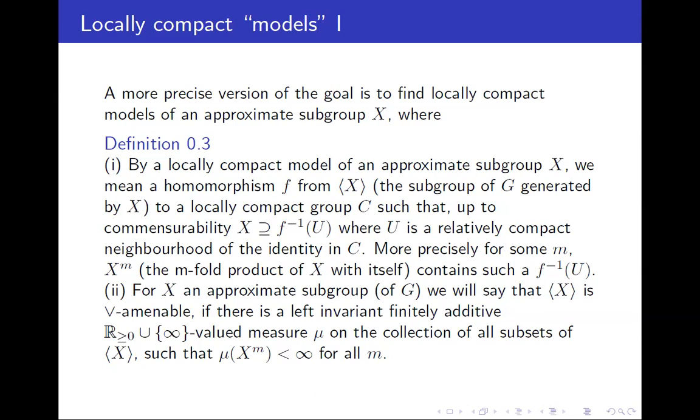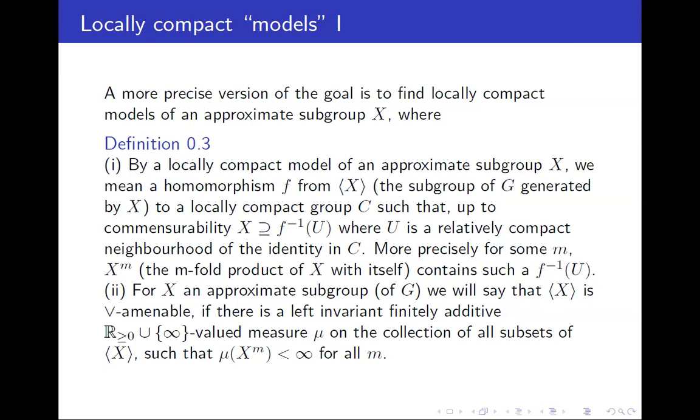Okay. Now for X an approximate subgroup of G, I will say that the group generated by X is V-amenable. This V is a symbol here. I'm not going to say where it comes from. Actually, it comes from the logical symbol OR, but I don't want to talk about that too much. It's V-amenable. It's a version of amenability for groups which are generated by a certain set in infinitely many steps. This again is just abstract mathematics. There's no logic involved.